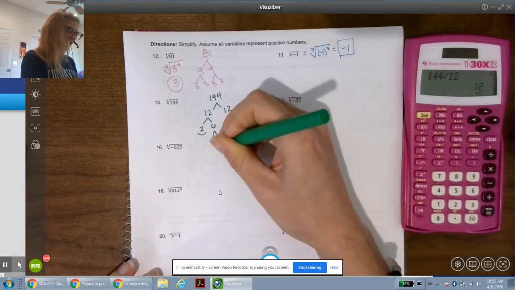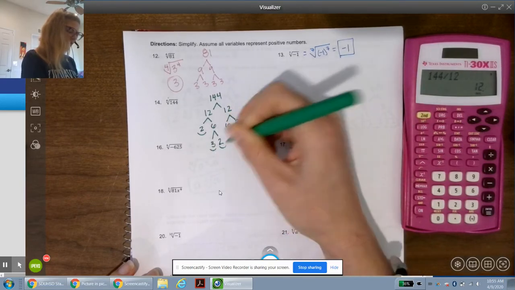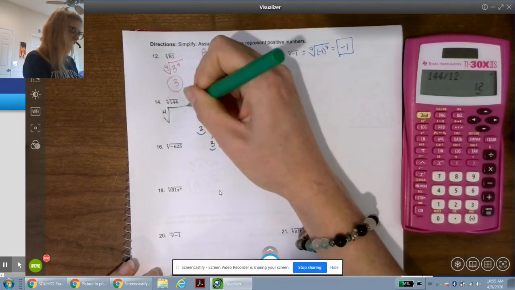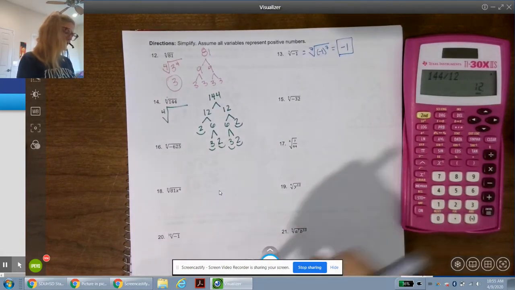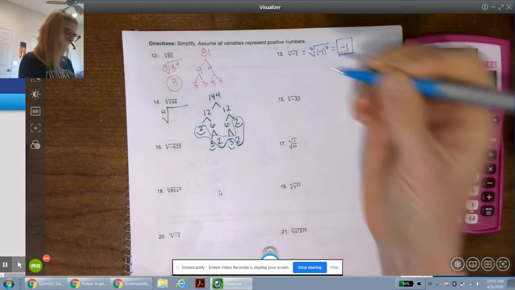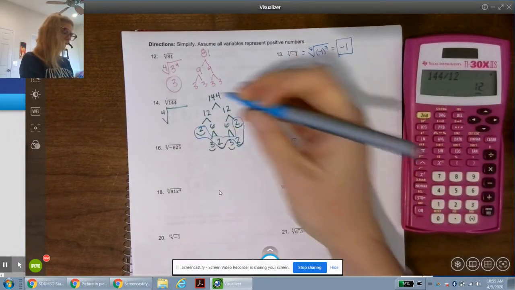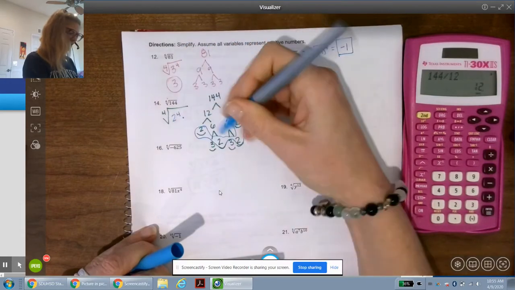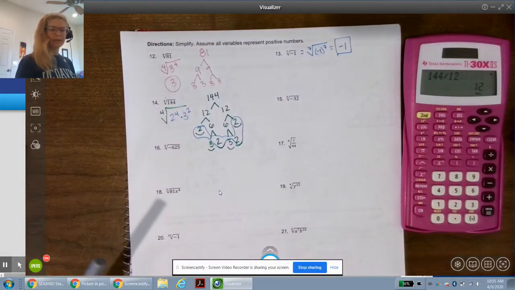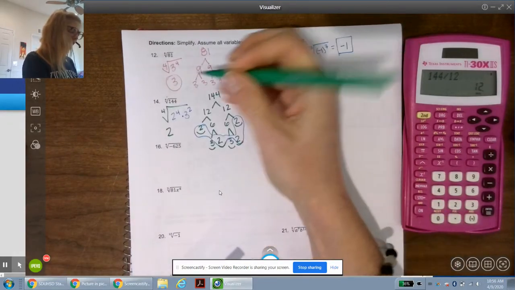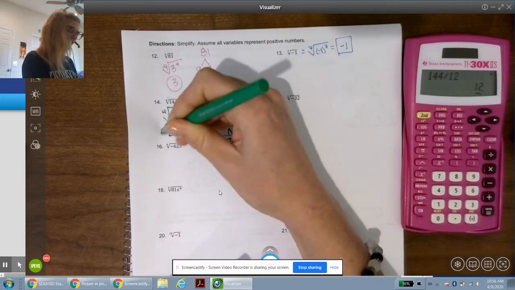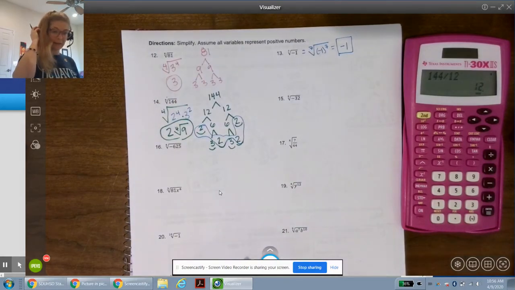And then 6 is 3 and 2, and this 6 is also 3 and 2. So I know this is the 4th root of 2 to the 4th, and I still have this 3 squared. Simplifying completely, 4th root to the 4th, pull out the 2. And this will end up being the 4th root of 3 squared, which is 9, because you want to simplify these completely.